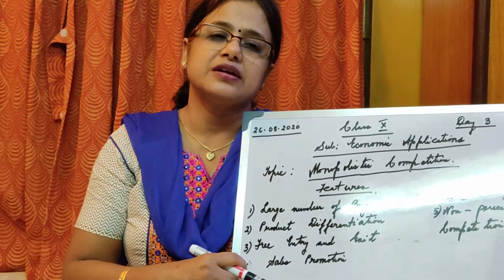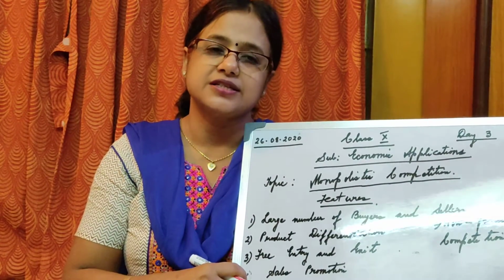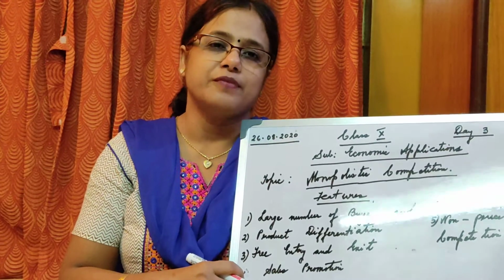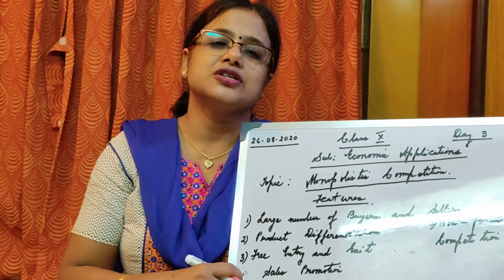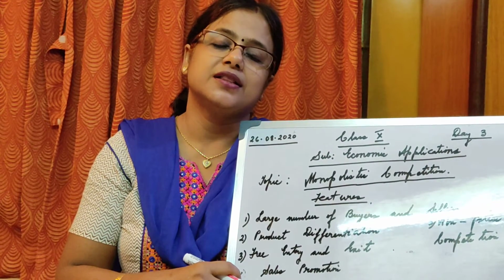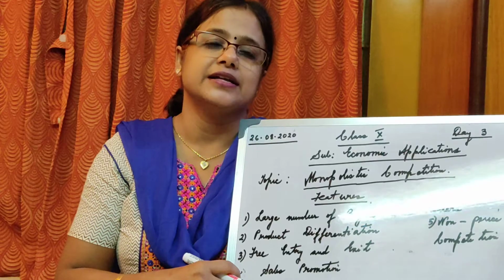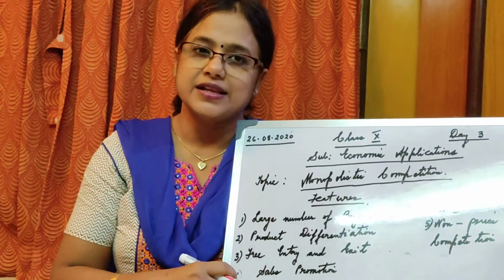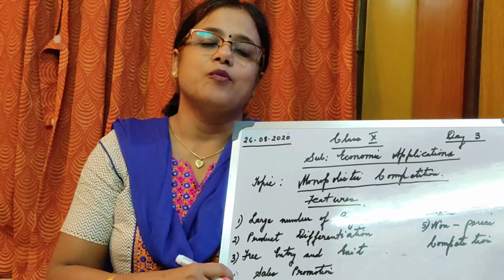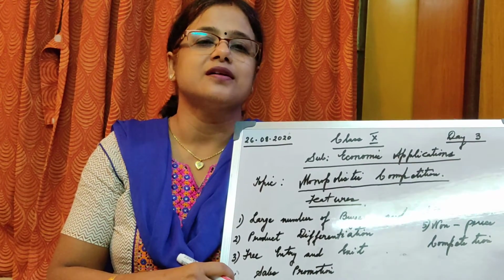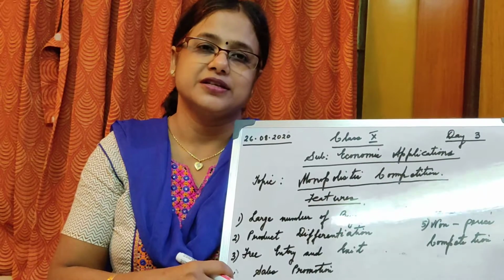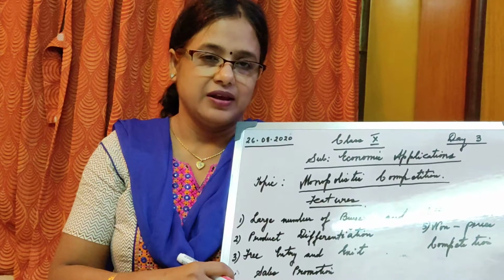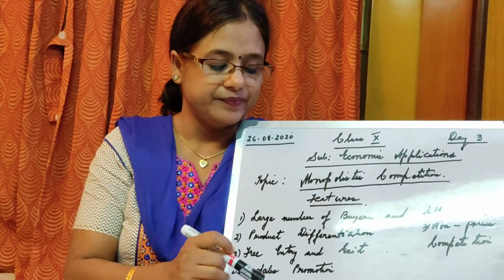In the last week we have already started the chapter on forms of market, and the two forms of market, that is perfect competition and monopoly, were given in the lesson plans. Monopolistic competition is the third form of market, and today I will be explaining that. Already I have given the notes in the lesson plan.